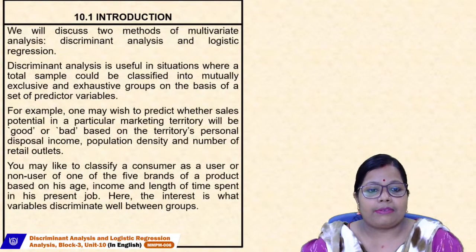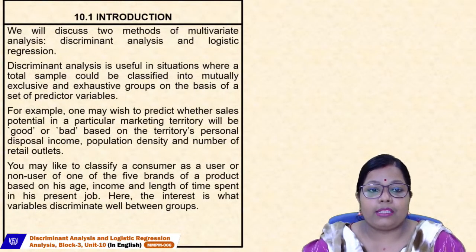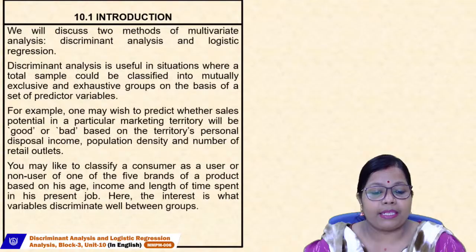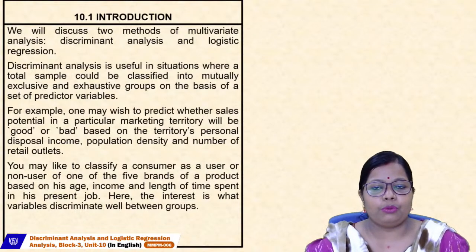For example, I have cited one example here to understand the above paragraph: one may wish to predict whether sales potential in a particular marketing territory will be good or bad. So here I name the groups good and bad.